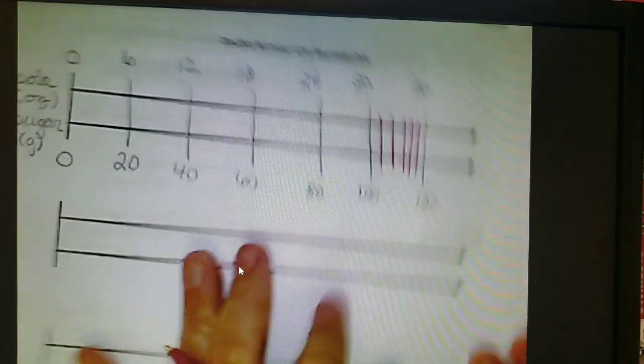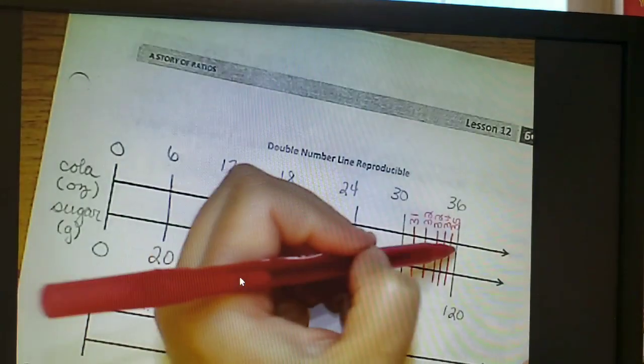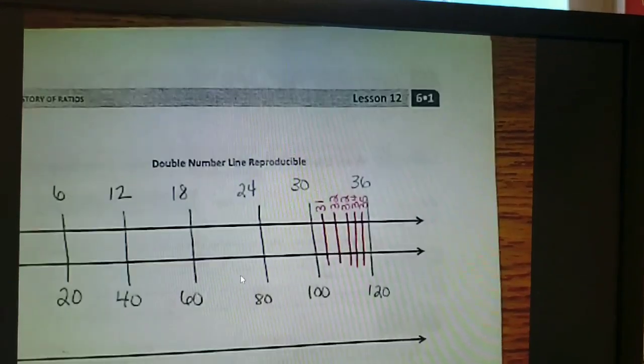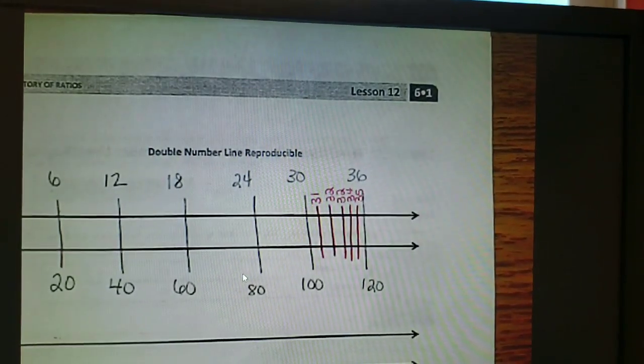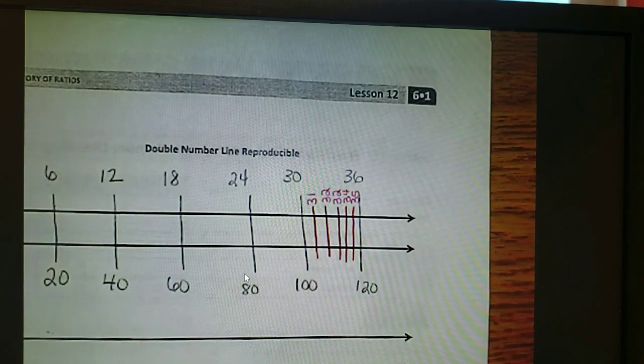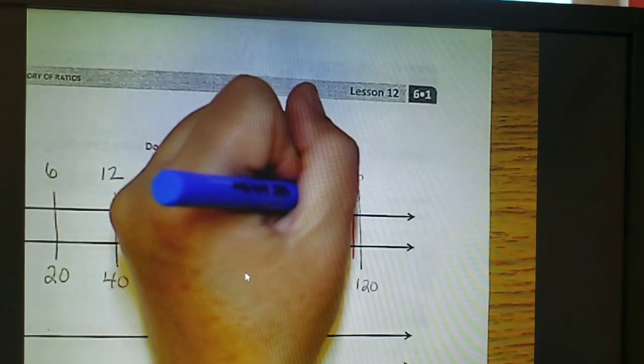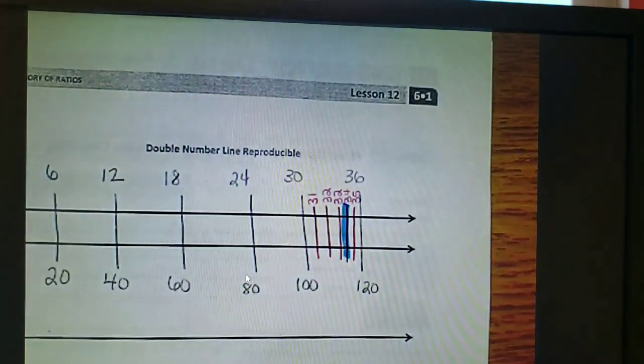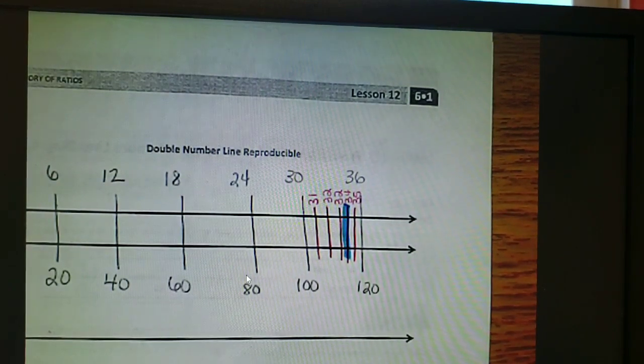Okay, so this is 31 ounces, 32, 33, 34, 35, and then this last line is our 36. Okay, so we had 34 ounces of soda. So this line right here is our important line that we're working with.